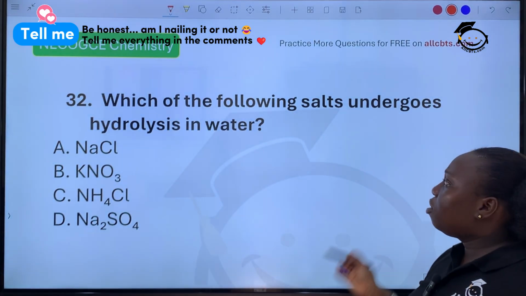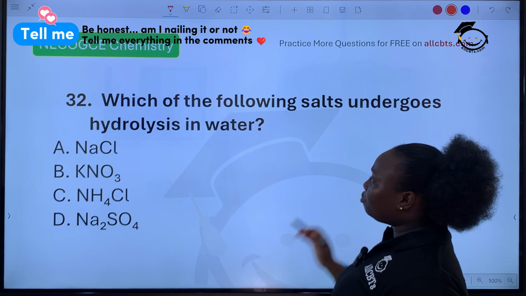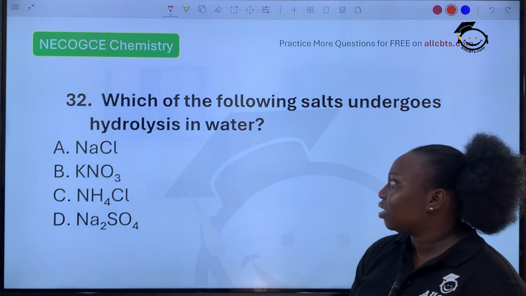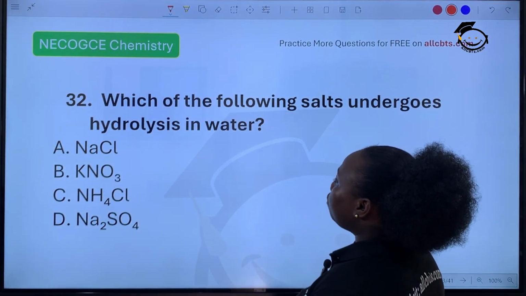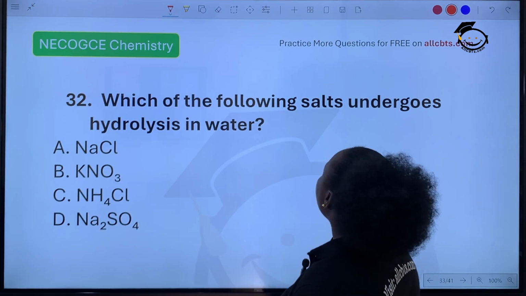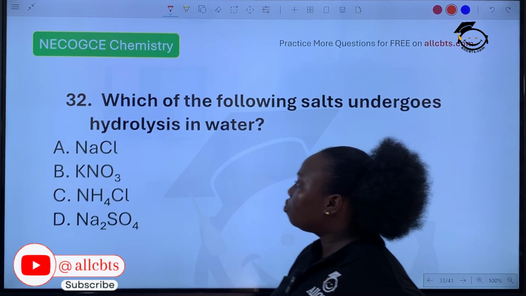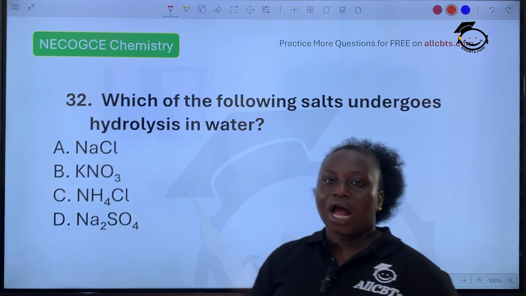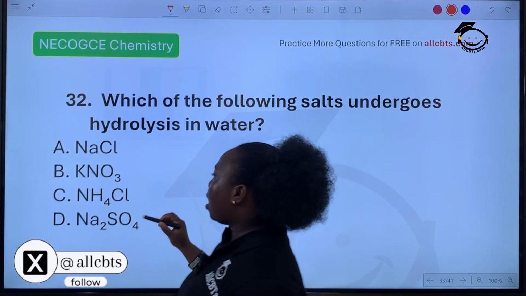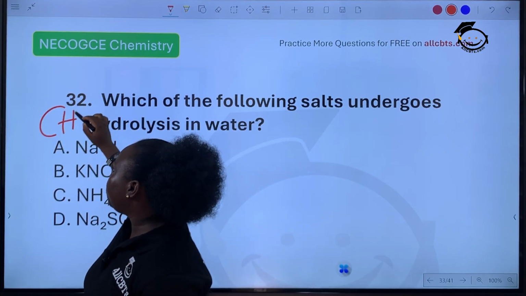Number 33, which of the following salts undergoes hydrolysis in water? Now, what is hydrolysis in water? It means which of these will dissolve in water and produce hydrogen ions. Now we're talking about which one will dissolve and give more of these H plus ions.